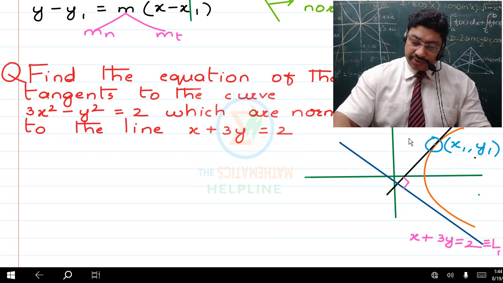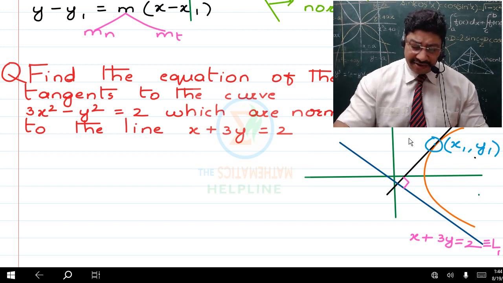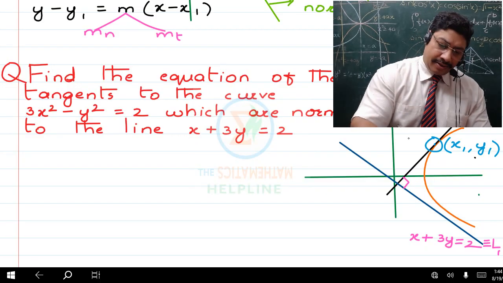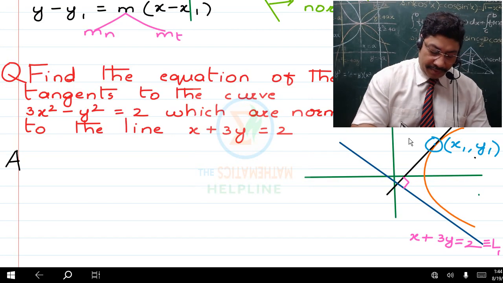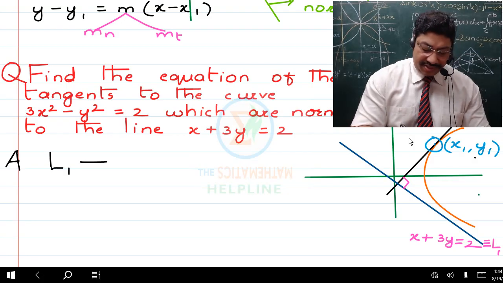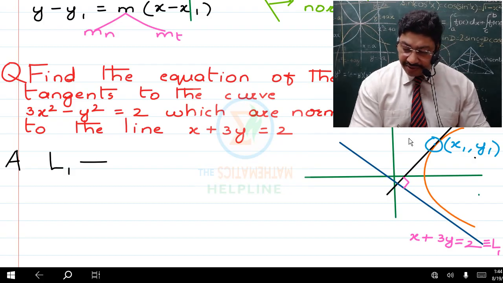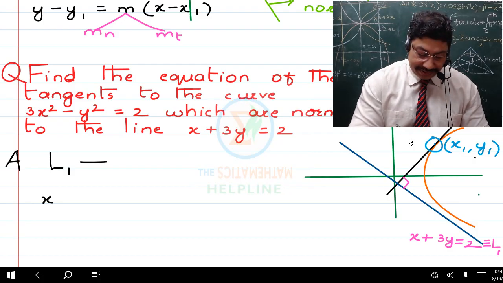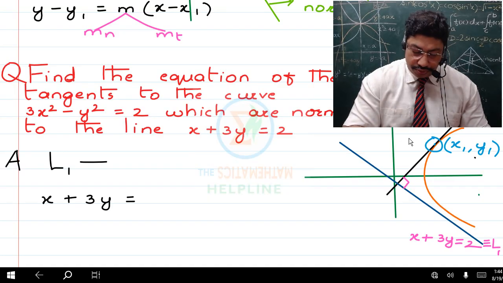Okay, so next now, children, we will first talk about the straight line. So we now start solving our sum. We talk about this line L1 that we've been given, and for this line L1 we have x plus 3y is equal to 2.